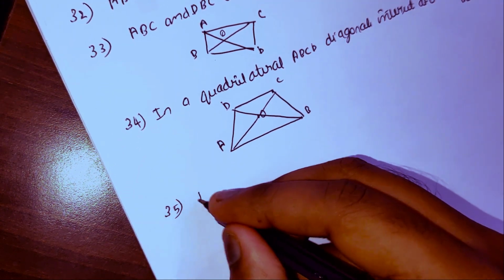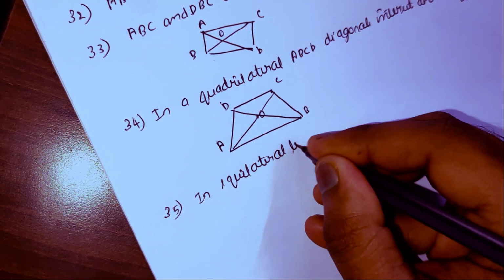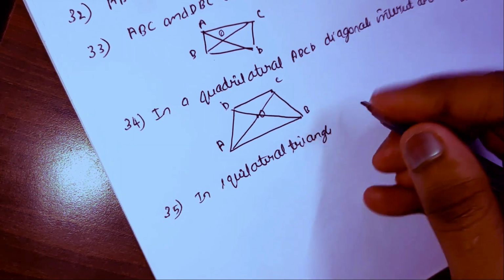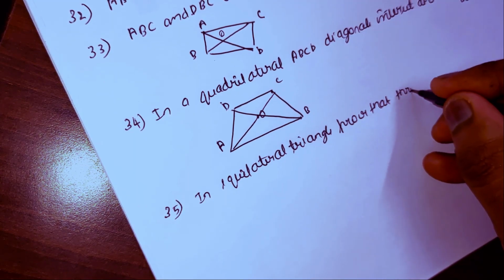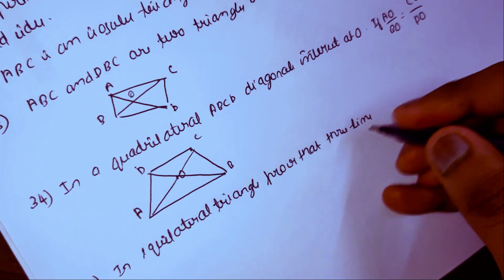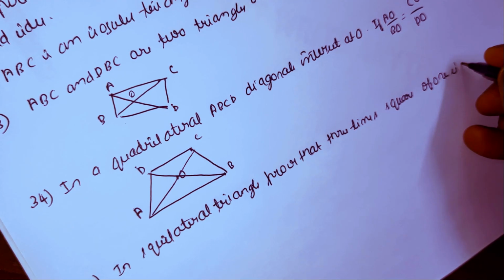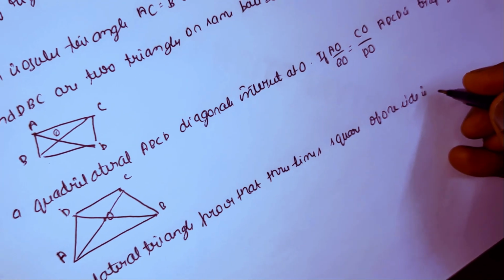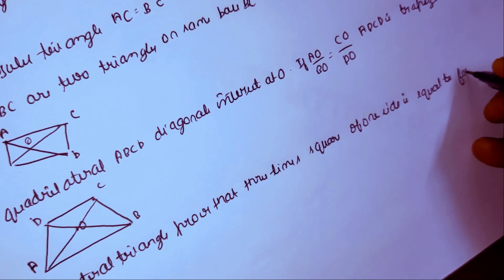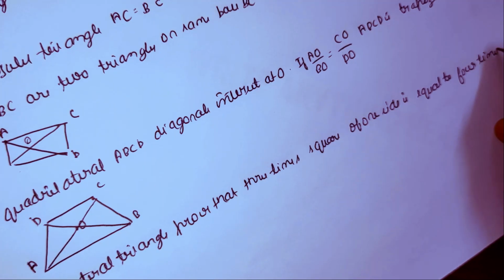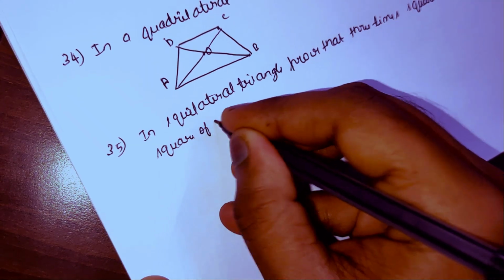35th question. In an equilateral triangle, prove that 3 times the square of one side is equal to 4 times the square of one of its altitudes.